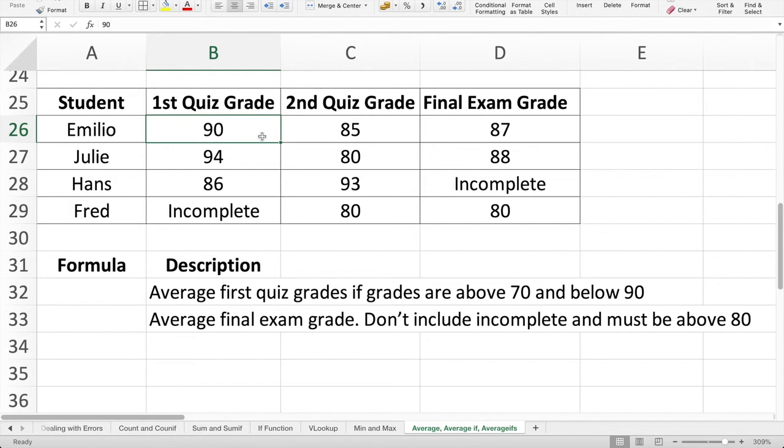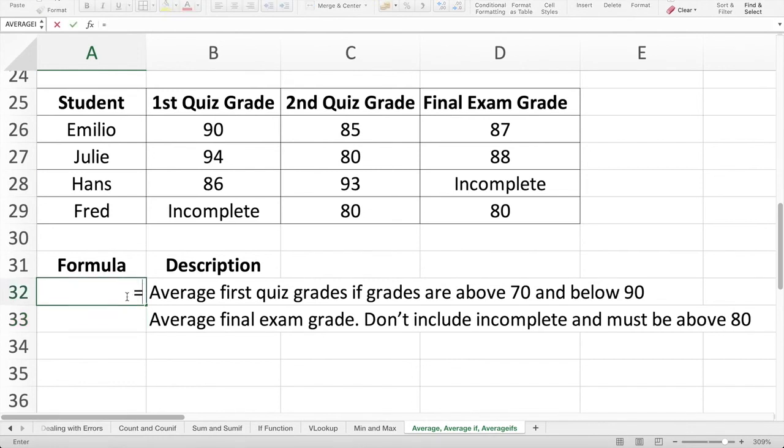I hope you get it. So 94, of course, not included. We have 70, since we are requiring above 70, 86 is included. Therefore, our answer must be 86.